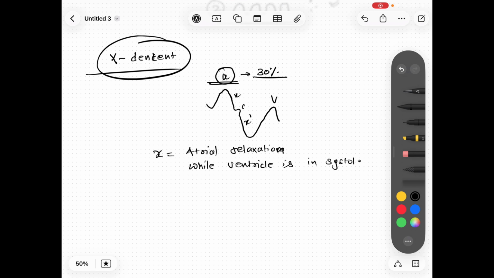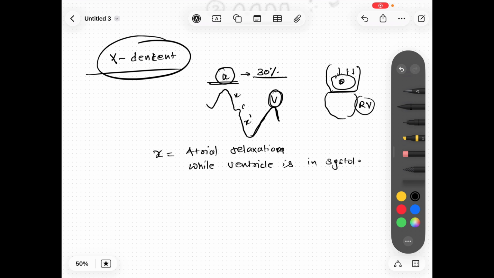So in this condition, the tricuspid valve is closed. Atria is relaxing. Blood is filling into the atria, and ventricle is in systole. Tricuspid valve is closed, RV is contracting, and the atria is filling. When enough blood is filled into the atria, the pressure rises, which forms a positive V wave.